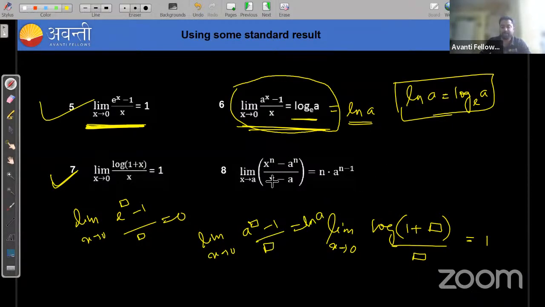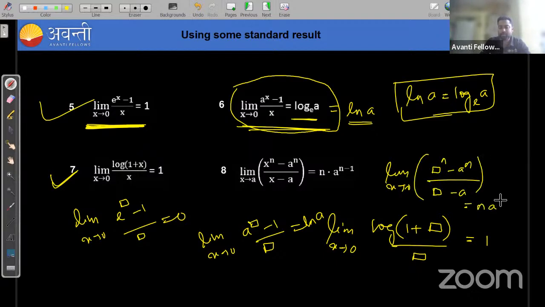And similarly here also, limit box extending to a, box to the power n minus a to the power n upon box minus a gives you n into a to the power n minus 1, right? So these are my 8 standard results, and we'll use these standard results to solve the limit questions very easily. So you need to remember all these standard results.